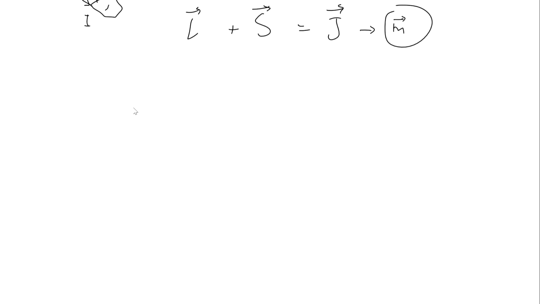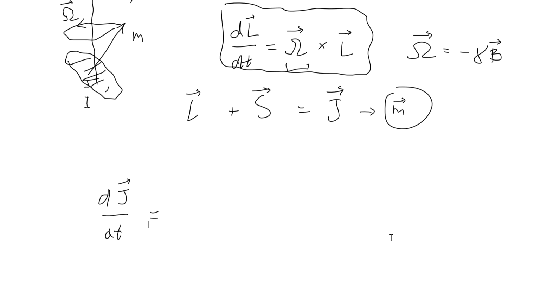So for the total angular momentum in the presence of a magnetic field, instead of L, we write dJ/dt.